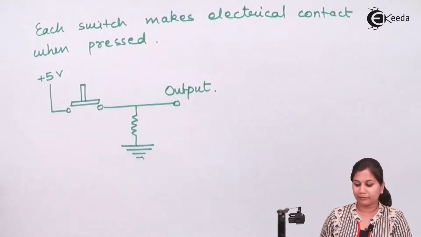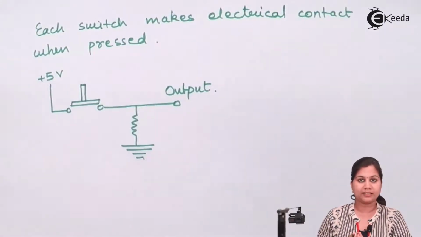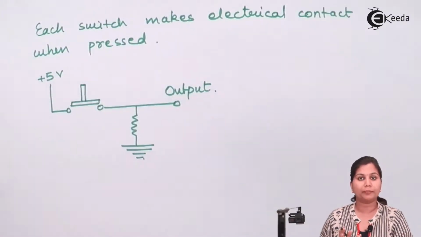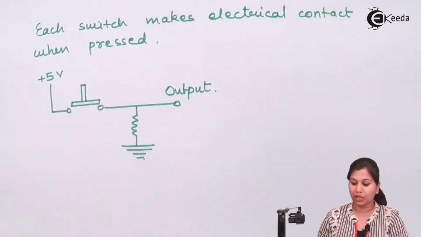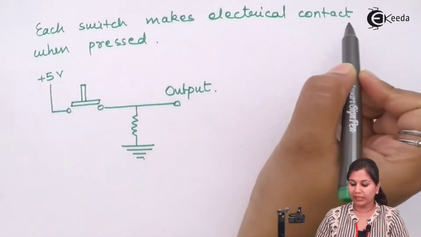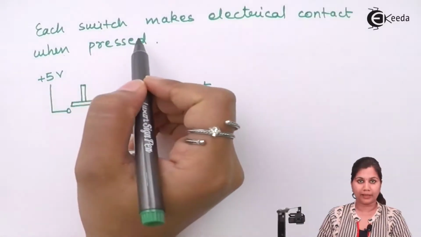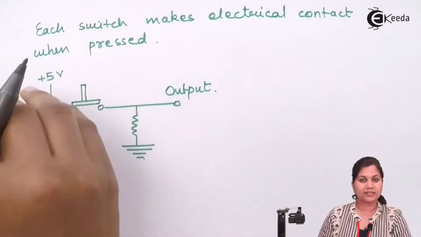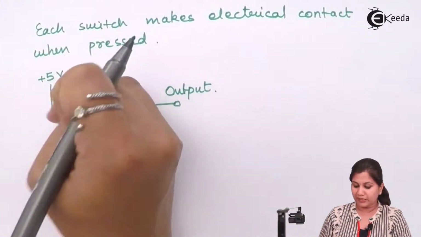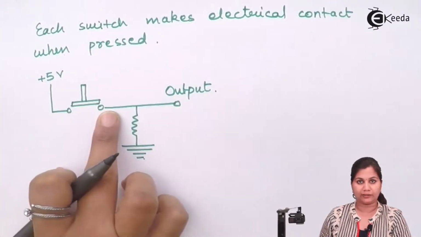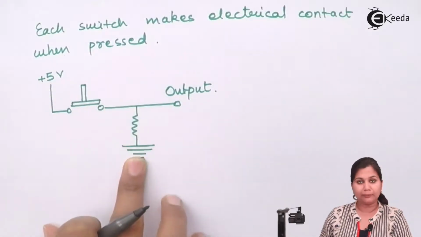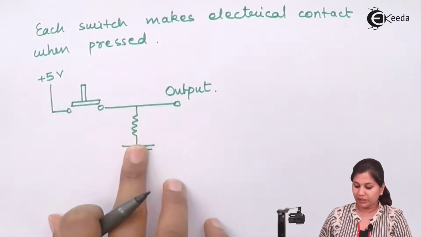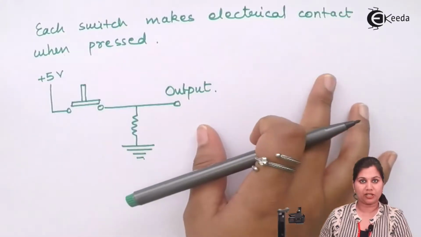So in the keyboard, as I said, the keys are in the form of push button switches. Each switch is going to make an electrical contact when pressed. So this is the push button. When it is pressed, it is making an electrical contact, so this circuit will be completed. Now when this circuit is completed, the output will be generated.